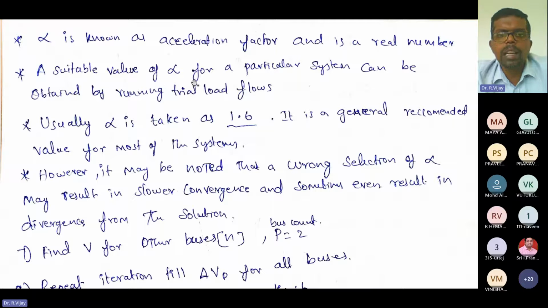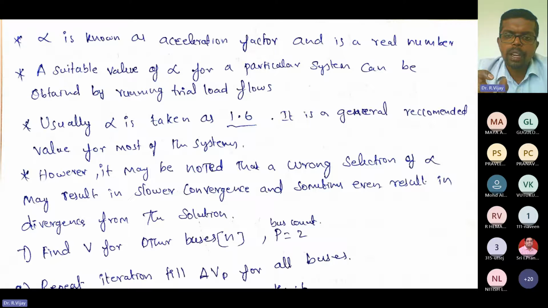A suitable acceleration factor might be chosen for your problem. It is not mandatory that you choose only 1.6. You can choose your own values, but your answer may not be accurate. While choosing the acceleration factor, a wrong selection will slow your convergence.